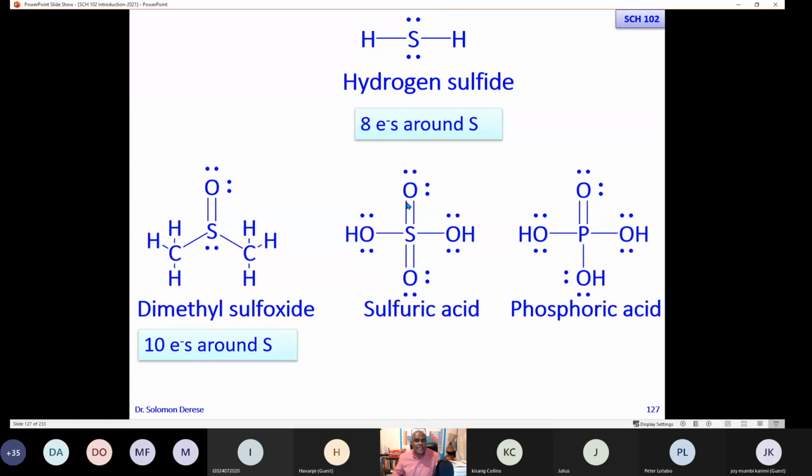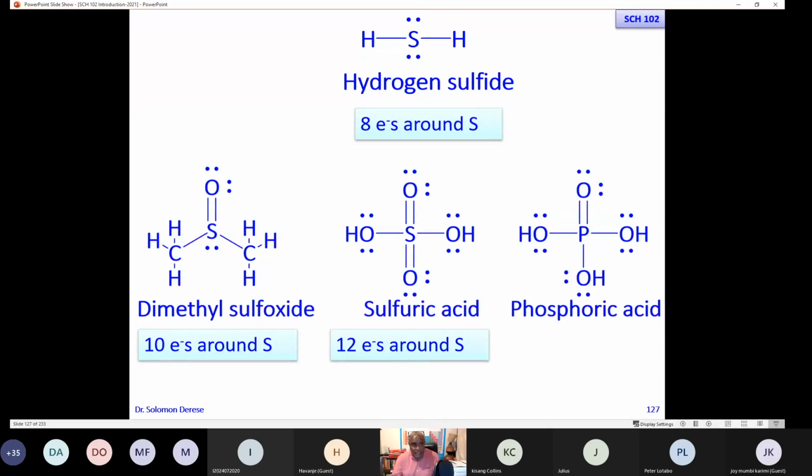Each of the lines is because of the overlap of 2 electrons. So we have 2 double bonds. Those 2 double bonds bring 8 electrons, and then we have 2 single bonds. So 8 plus 4, in total we have 12 electrons around the sulfur.